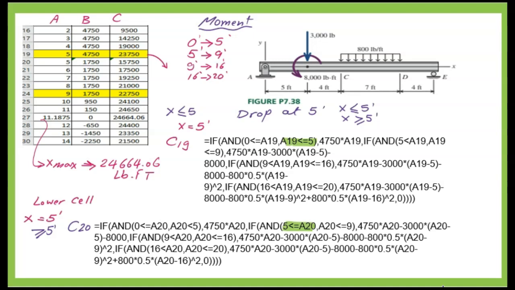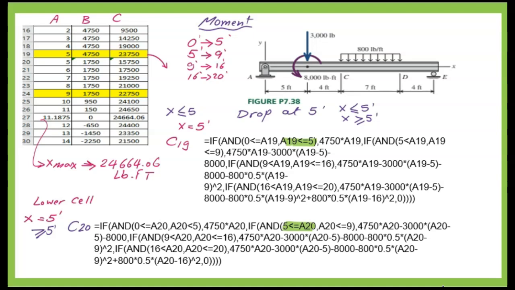For x or A19 bigger than 16 and less than or equal to 20, we are here. From 16 to 20, we have the moment from the reaction load, then the moment from the 3,000, the moment from the concentrated moment, and the moment due to uniform load. You remember that we have extended the negative and we used an upward uniform load of positive sign.